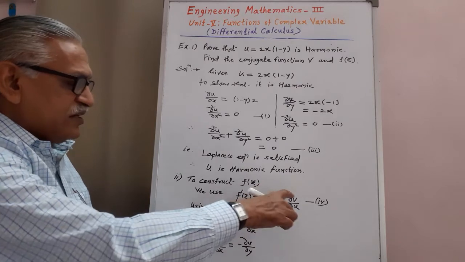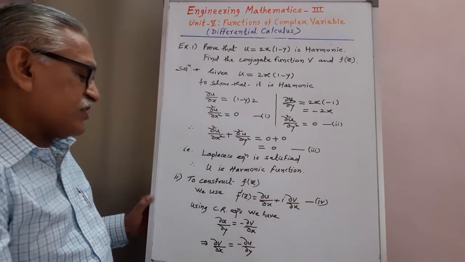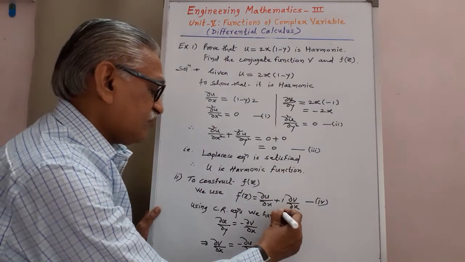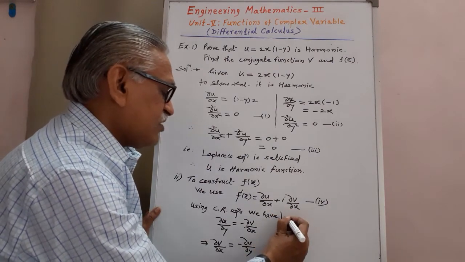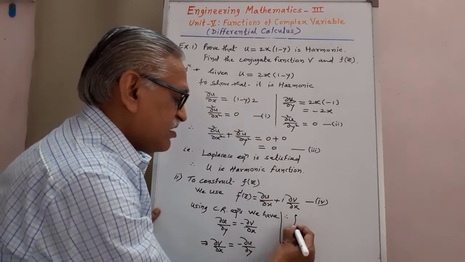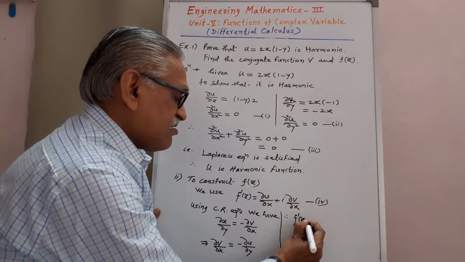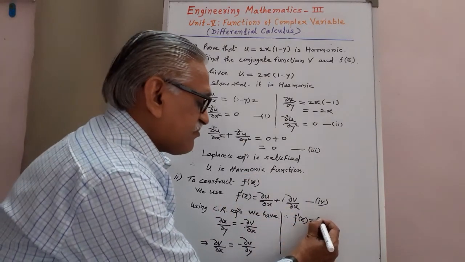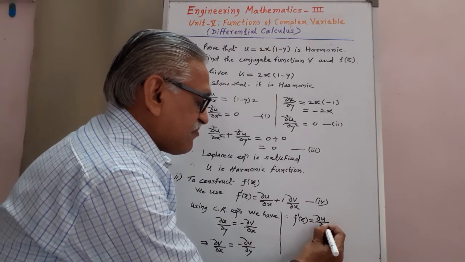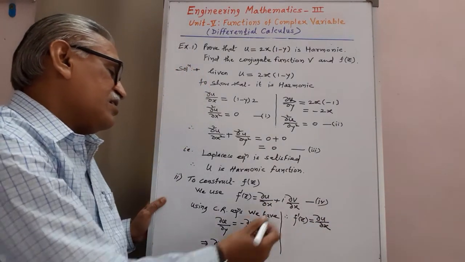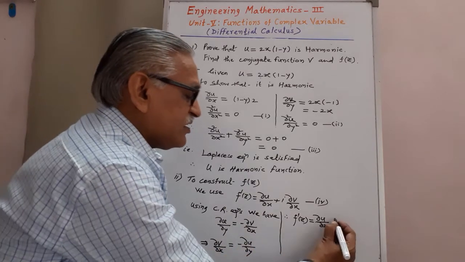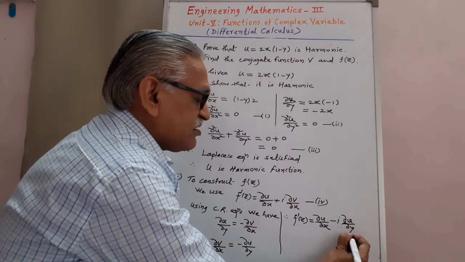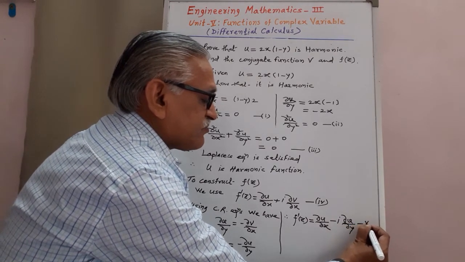If we put that value in equation 4, we have f'(z) = ∂u/∂x, and ∂v/∂x = −∂u/∂y, therefore −i ∂u/∂y. We call this equation number 5.